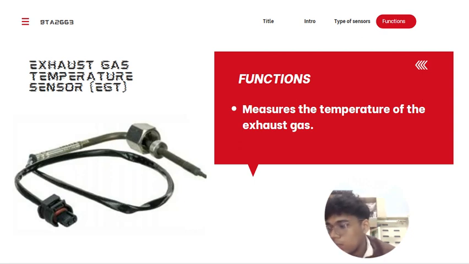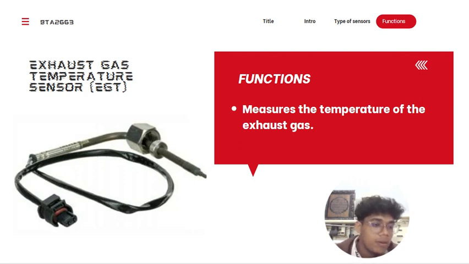Now, an EGT is a probe that must be present directly in the exhaust stream in order to measure the temperature of the exhaust gas. By measuring the temperature of the exhaust, we can infer information about the air-fuel ratio, because changes in the air-fuel ratio are also going to be directly correlated with changes in the exhaust gas temperature.